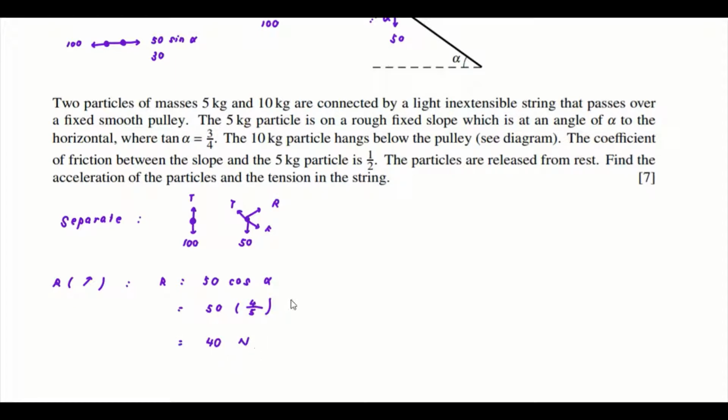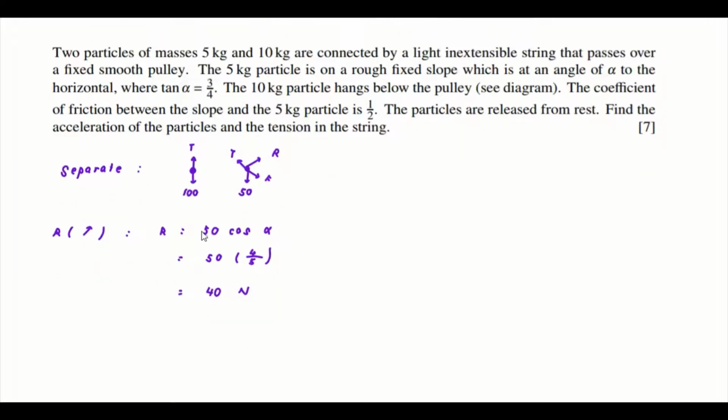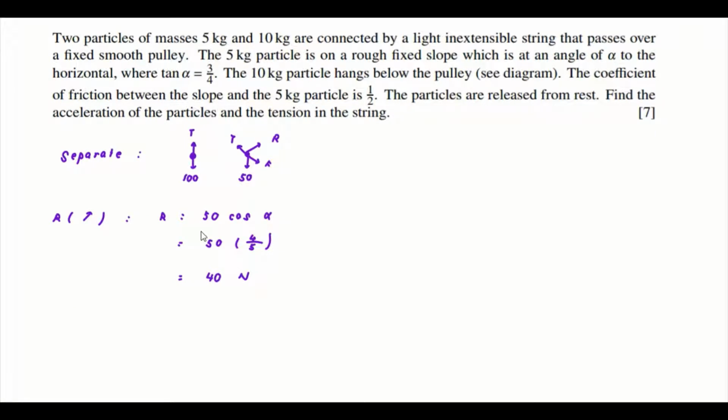Okay, so after that, we continue to solve for this one. We can write down first. Remember, this particle is actually moving, so it's not in equilibrium. So you should use F equals ma, and not the resultant force equals 0. In this case, we know that the system is going to move in this direction, right?